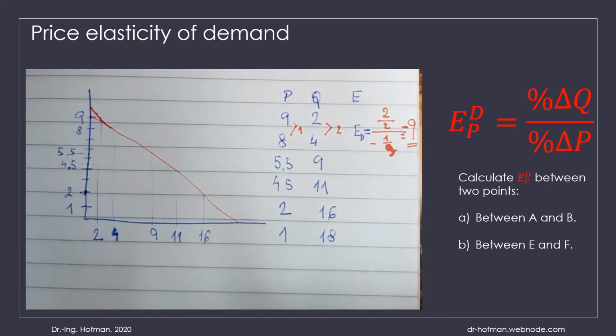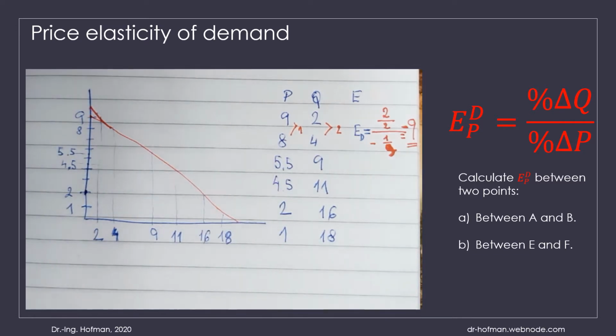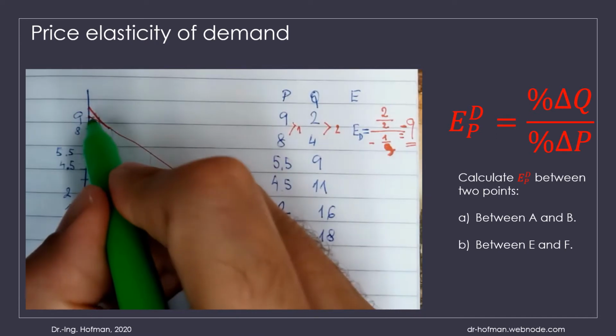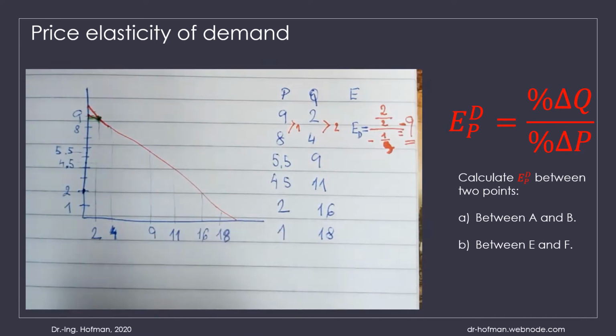And by price $1 I will buy 18 pieces. It's the most attractive price for me. And now I'm calculating the first point, so we can speak about point A.